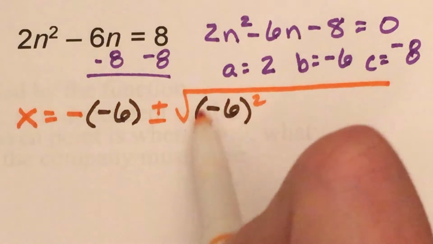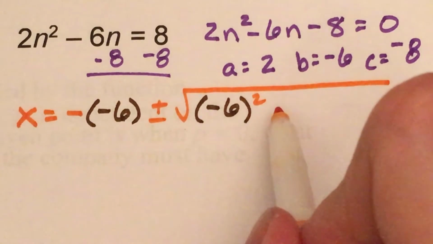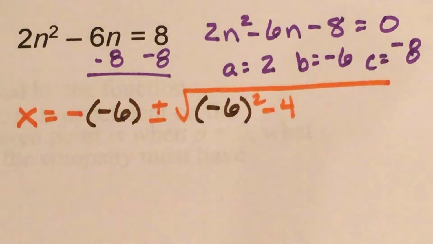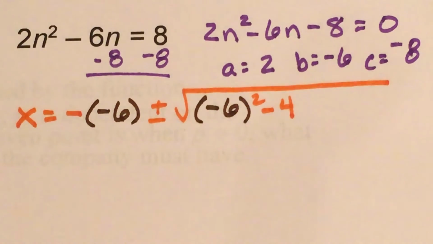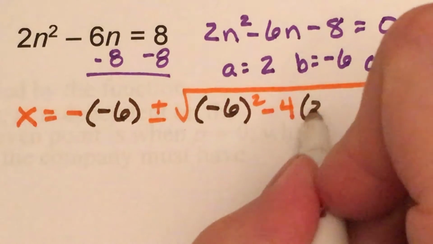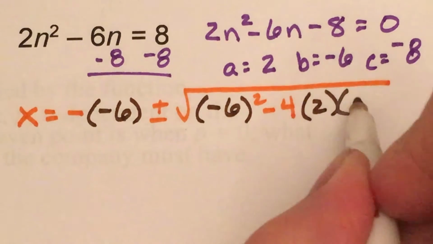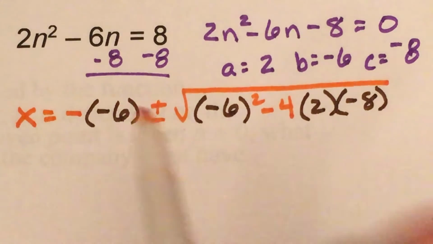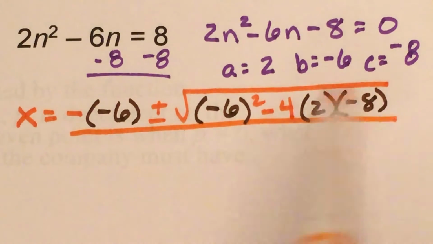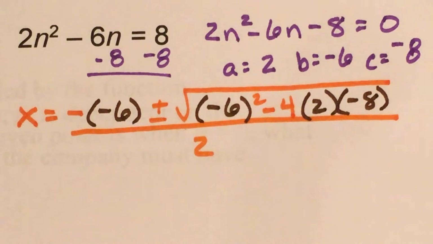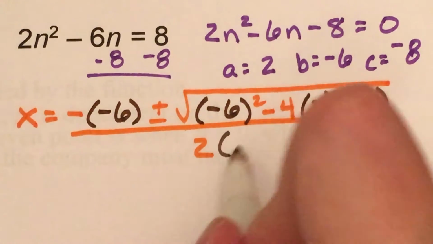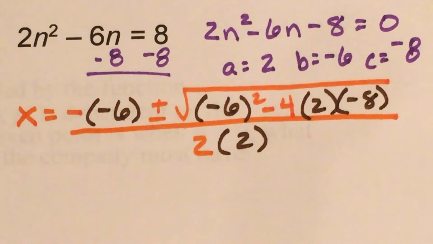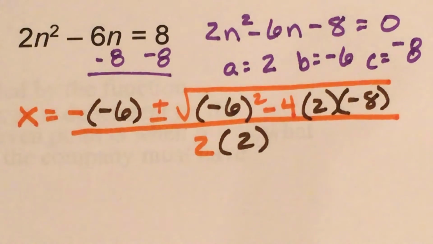If you don't have these parentheses, the problem is over. You've messed it up. Minus 4 times A and times C. All over 2 times A. There it is. We have filled in the blanks.